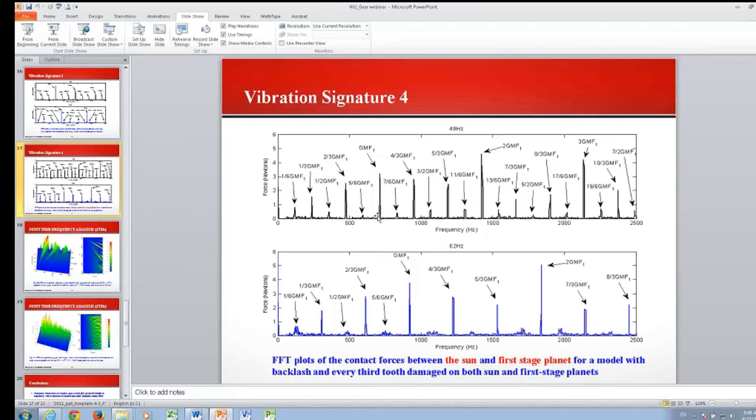Add six of them together, divided by the magnitude of the dominant gear mesh frequency of the first stage. So they say this ratio is called sideband energy ratio. If this ratio is bigger than 1, there's a crack. If it's even bigger, they say this sideband energy ratio is proportional to the crack.